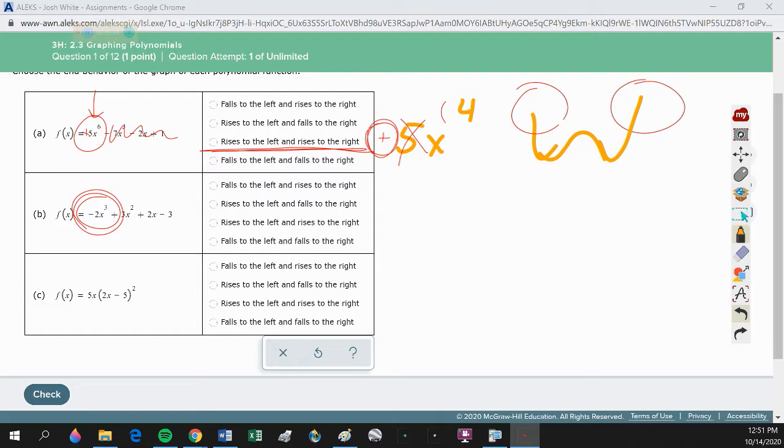Well, it's negative and the exponent is odd. So it's a disco dance. So the left side is up and the right side is down because we're going down the mountain. Does that make sense? So rises to the left, oh, nope, it rises to the left and falls to the right.